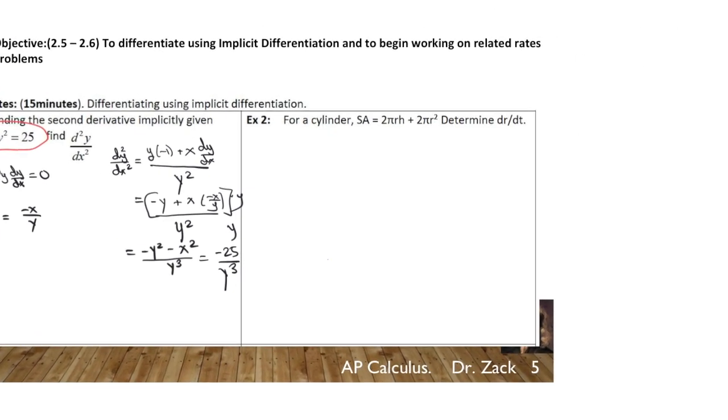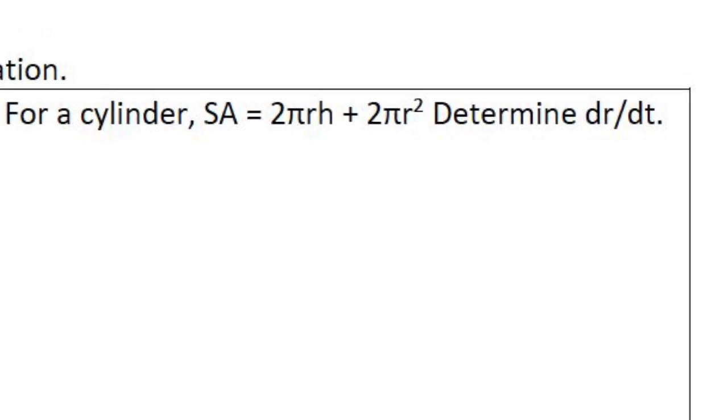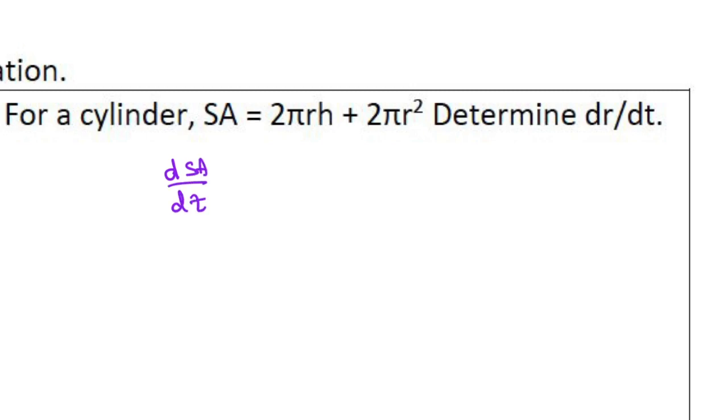For example 2, we're looking for the derivative of r with respect to t. So you might recognize this as the surface area equation for a cylinder. If not, write it down because you're going to need to know it. We're finding the derivative with respect to t. dS dt equals.